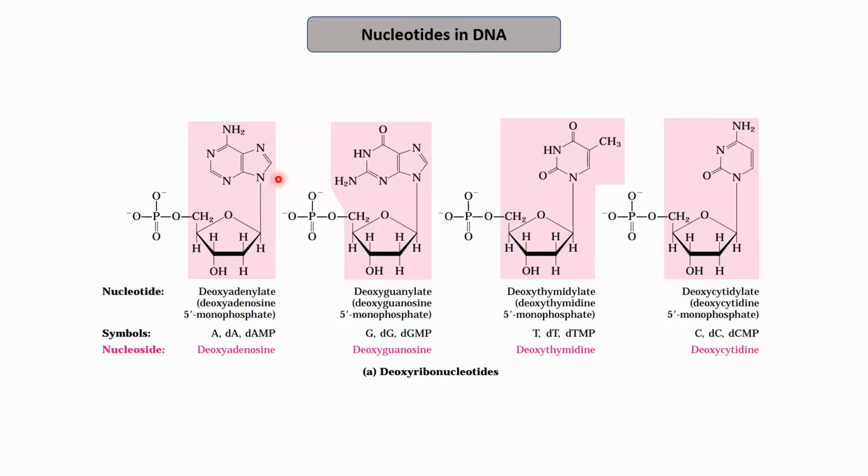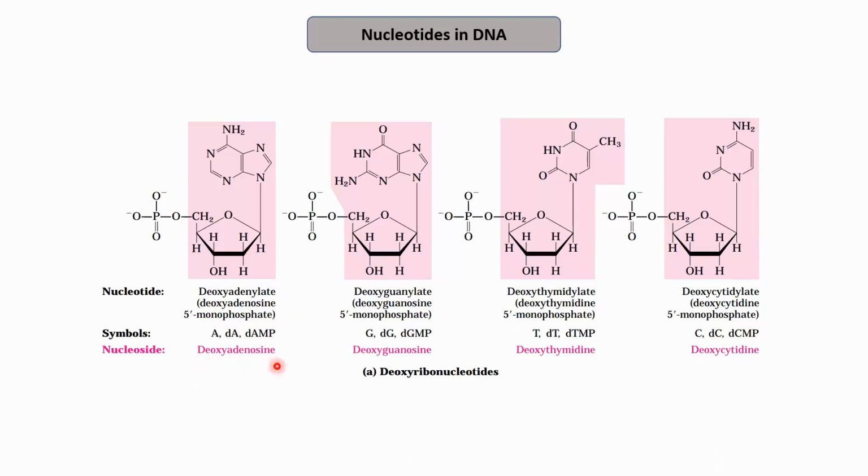These are the symbols of the different nucleotides present in the DNA, and they can be represented by A, or dA, that stands for deoxyadenosine, or deoxyadenosine monophosphate. These are the different names that we can give to this nucleoside.